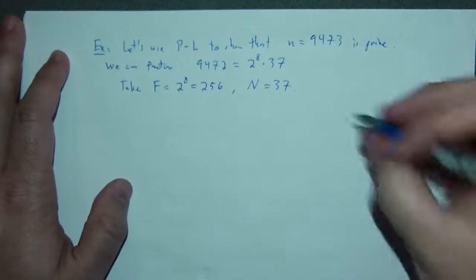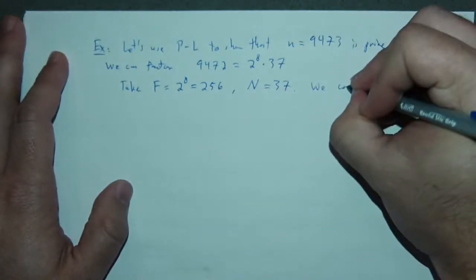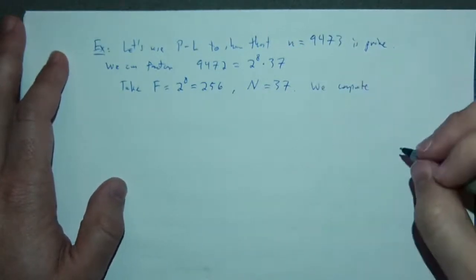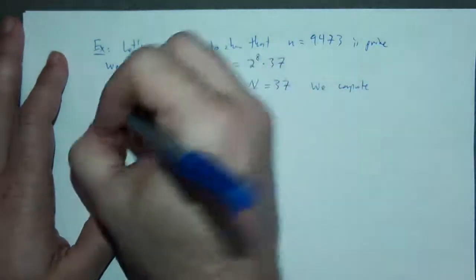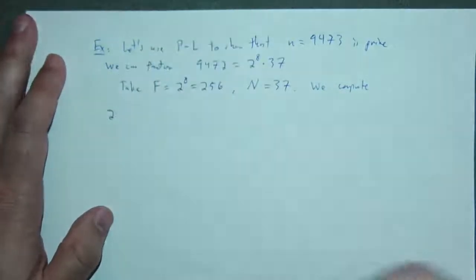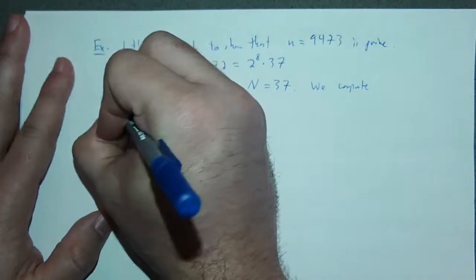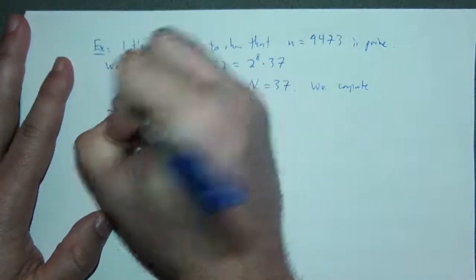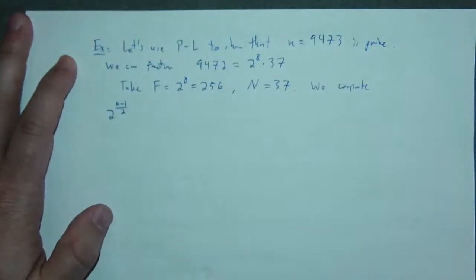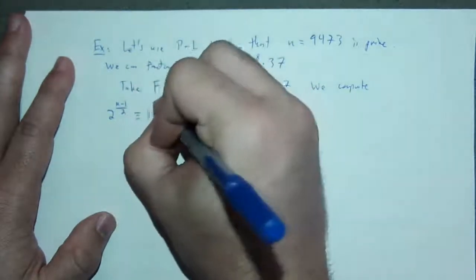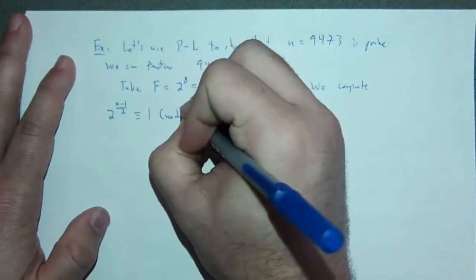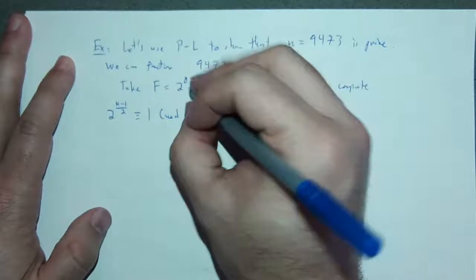Okay. We compute 2 to the (n minus 1) over 2, which is congruent to 1 mod n.